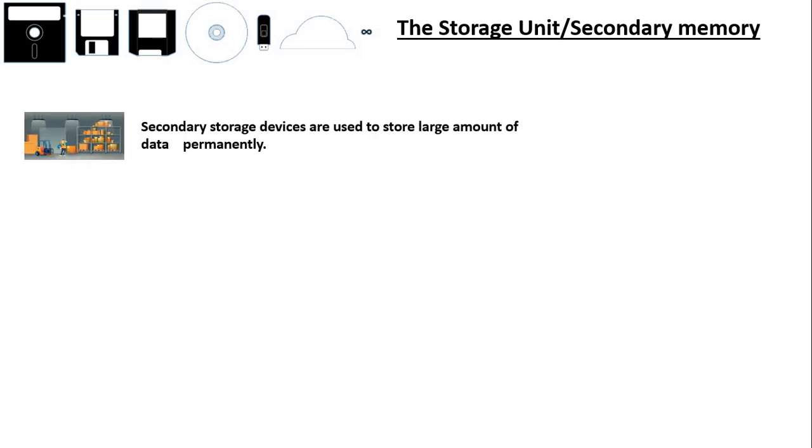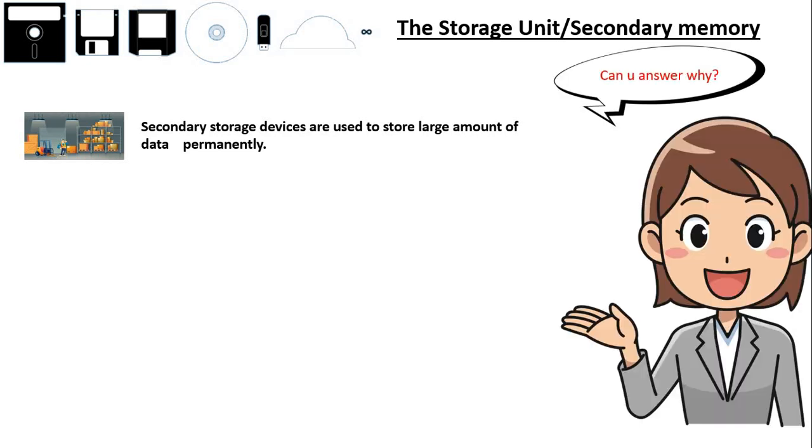Let's move ahead towards the second classification of computer memory, that is secondary memory, or we can also call it the storage unit. Secondary storage devices are used to store large amounts of data permanently. Can you answer why? Yes, we already studied that primary memory is volatile and cannot remember anything once the computer is switched off.